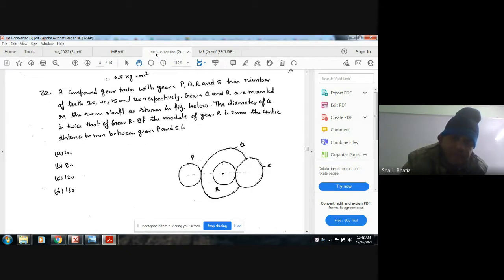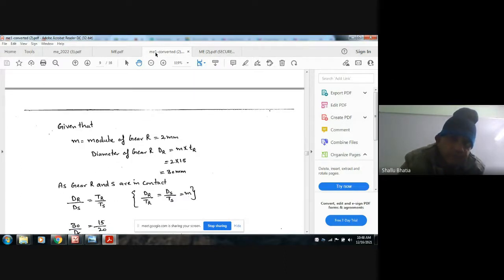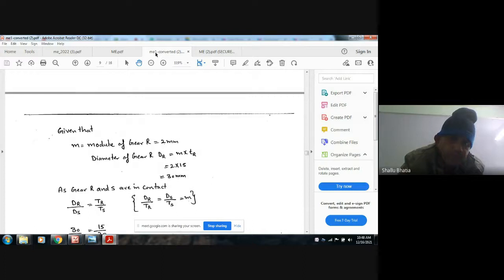As P and Q are in mesh, the module of P and Q is the same.